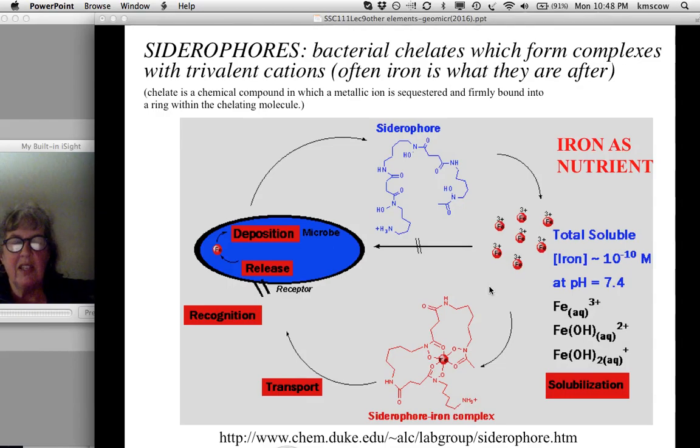Pretty interesting capability, and organisms that have siderophores are much more competitive in iron poor environments, even though it's expensive to make those siderophores. It's a good investment in environments where there's very little iron, and such environments include rhizospheres, where there's quite a bit of a battle with organisms competing for iron.